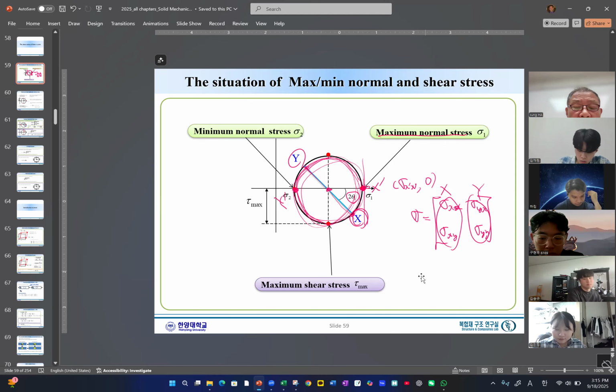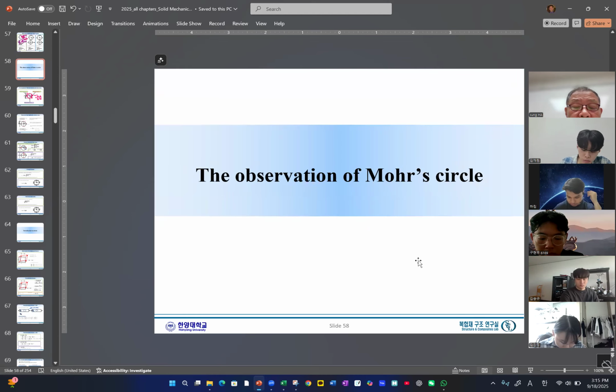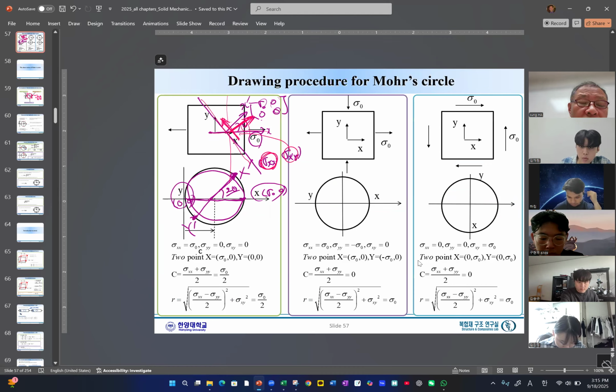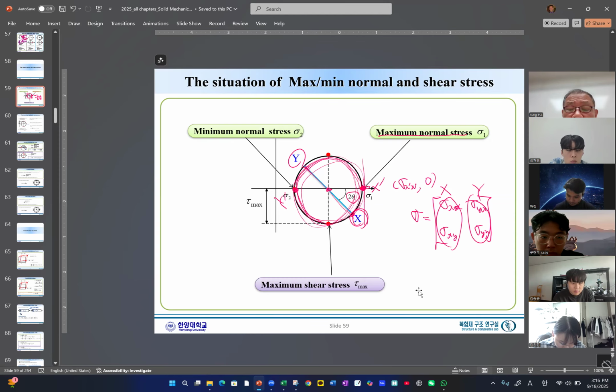So as you can see here, no matter what the stress you have, this point always represents the maximum possible, right? This one and this one, always a maximum. So this is the maximum normal stress and also the minimum normal stress here. And very interestingly, this and that are 180 degrees apart.